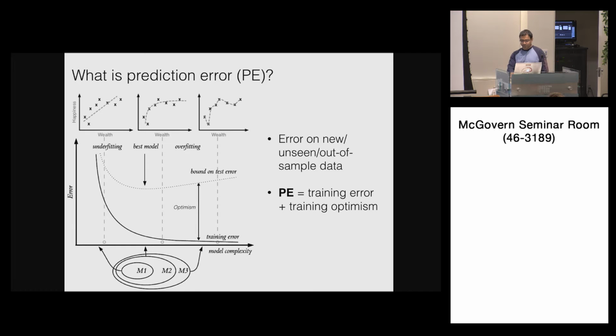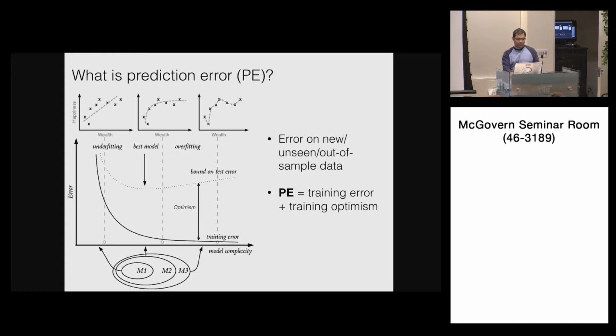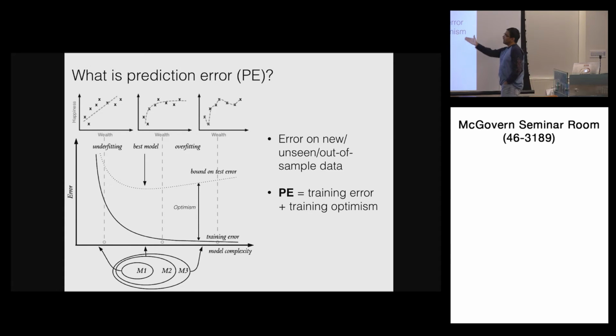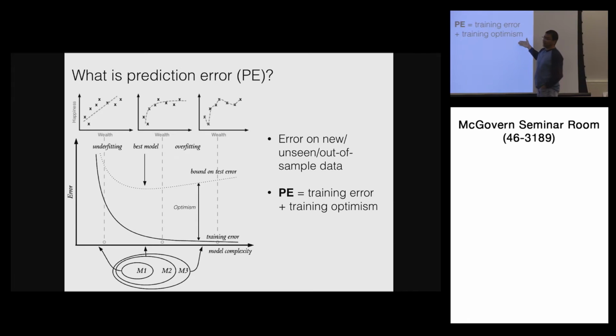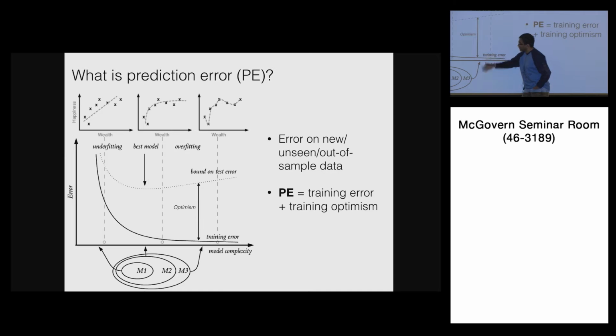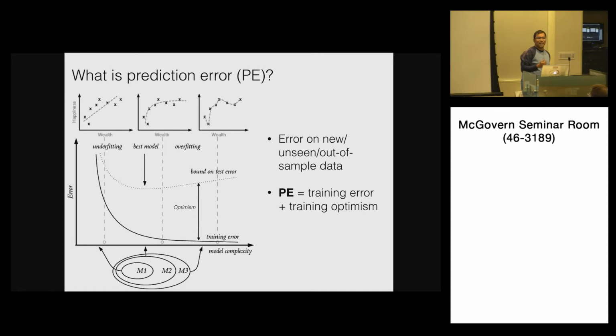Okay, so we think of this prediction error as training error plus training optimism. So whatever you're getting, right, as training error, given a particular model, and this difference together with it gives you the prediction error. And we are trying to minimize that whole thing.